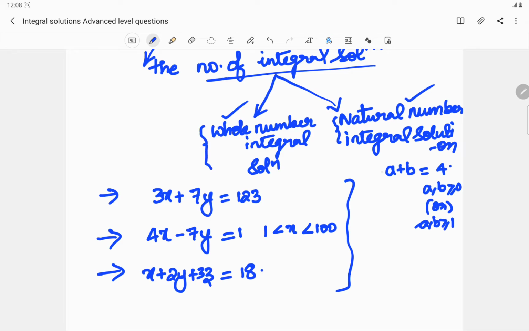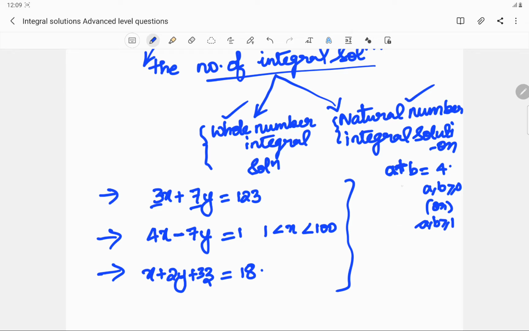But here, the coefficients of a and b were 1 in the equations which we have solved earlier, but here the coefficients are not 1. Moreover, earlier whenever we were finding natural number or whole number integral solutions, we were dealing with a positive sign, but here in this equation there is a negative sign.